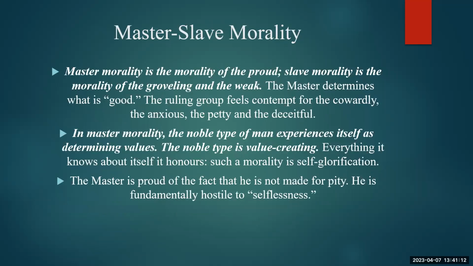Then we visited Nietzsche and his pretty wacky idea of the master morality and slave morality. Master morality is the morality of the proud, the self-creating, the person that can sort of create their own destiny.